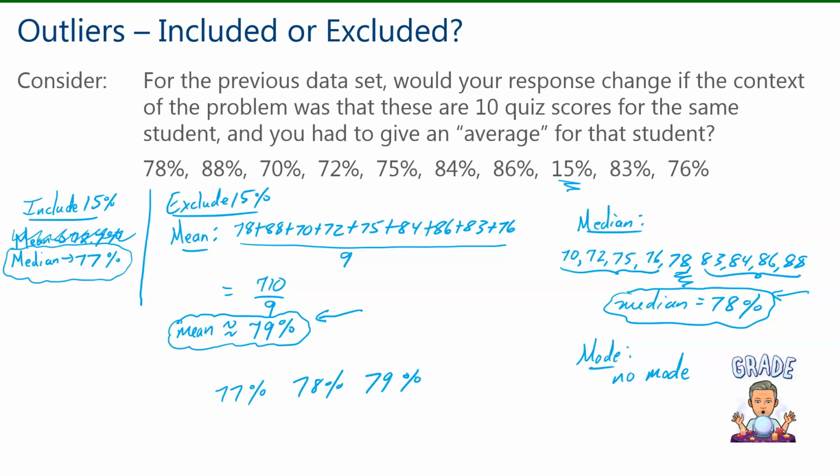If, for instance, the student received a 15% because that person forgot to study, I would probably include the 15%. If that student had been unable to study because of sickness or a death in the family, then I probably would exclude the 15% and choose either the 78% or the 79% as the student's average.